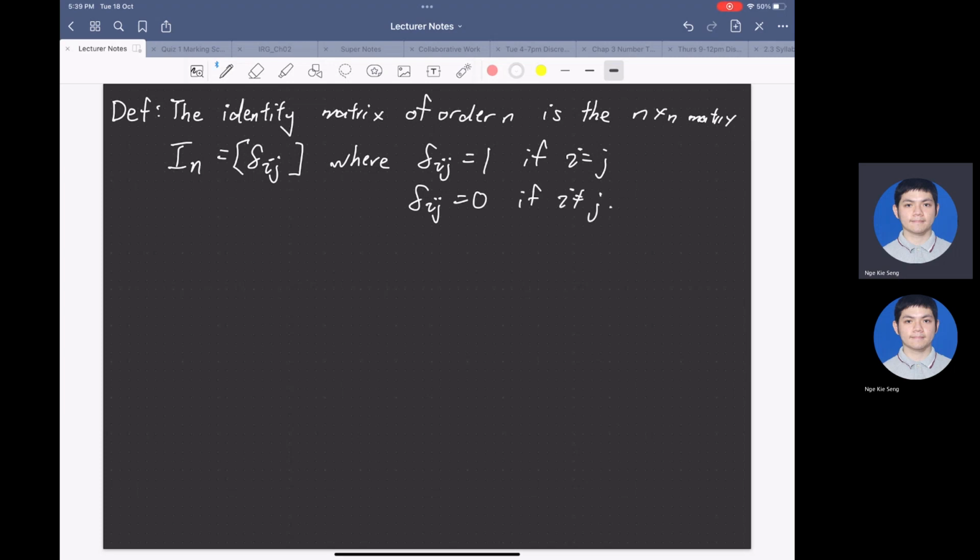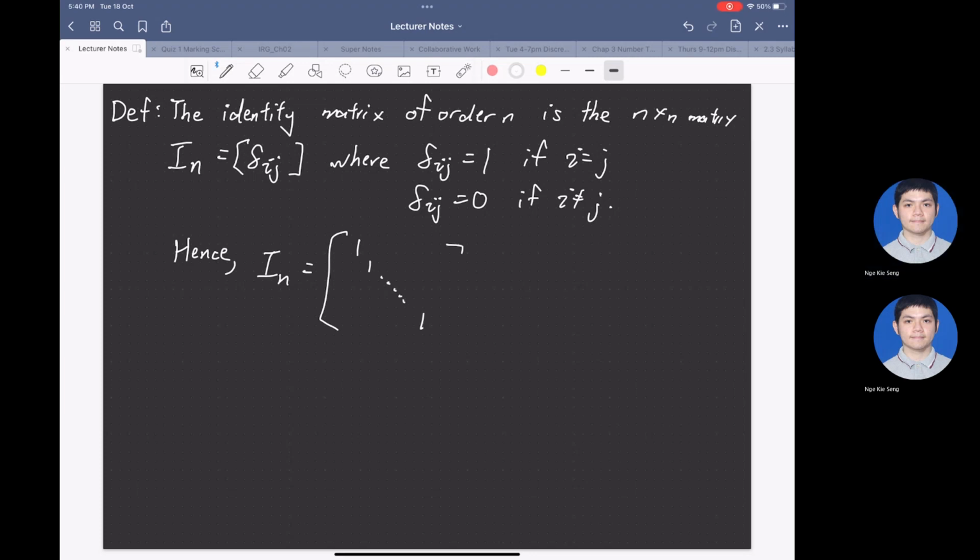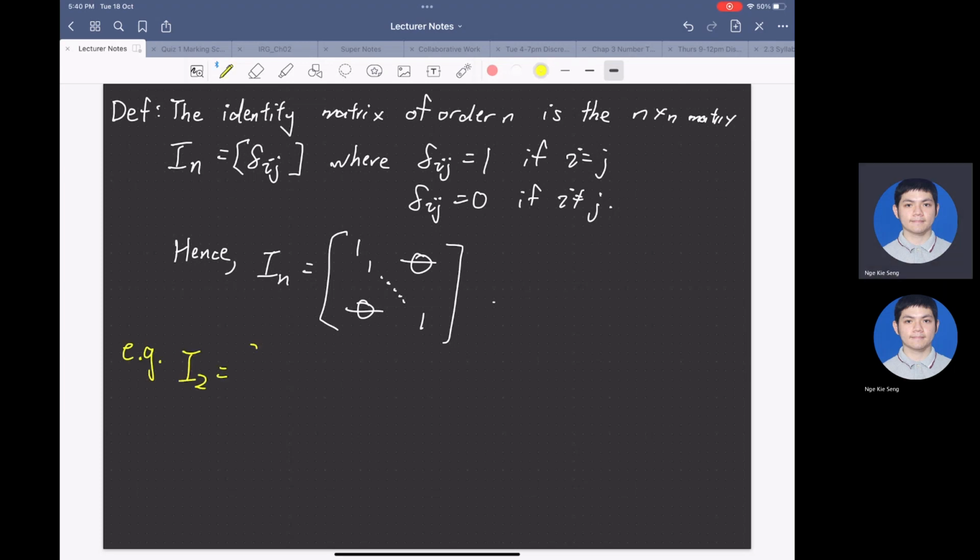When are i and j equal in the entry? It's on the diagonal. So the identity has 1 on the diagonal entries, and I put 0 elsewhere. For example, I2 is 1, 0, 0, 1.